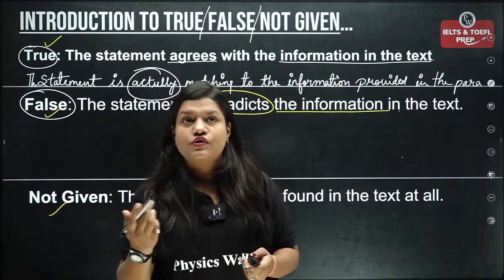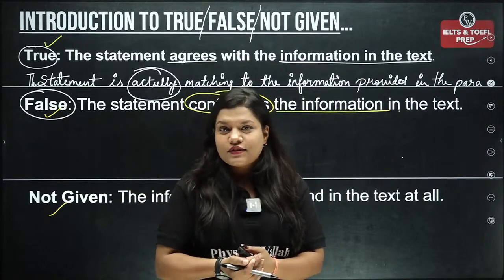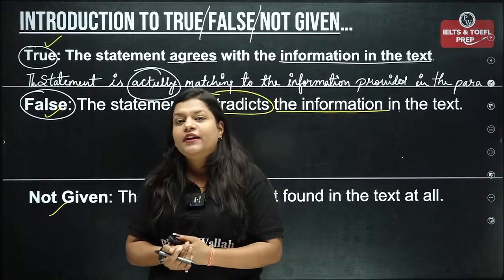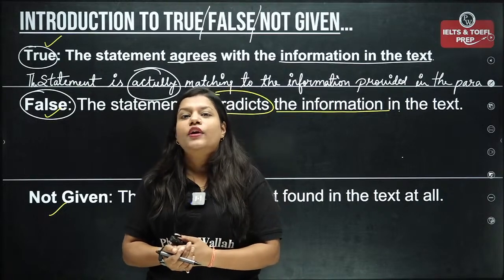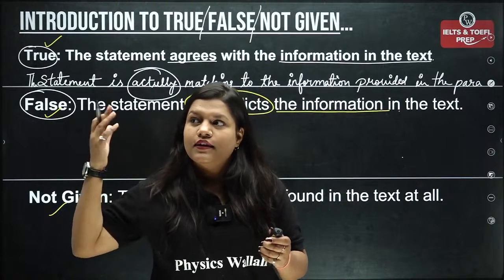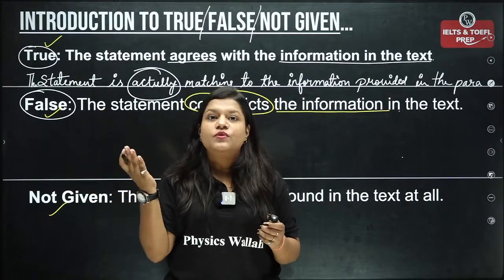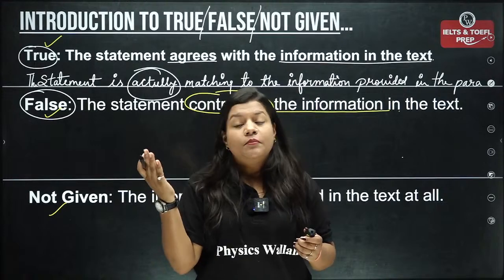Let's suppose I'm giving you an example that I might have already given you. The passage is talking about the habitat of lions, the accommodation and the environment of lions, while the statement might be talking about specific information which is not mentioned in the passage.